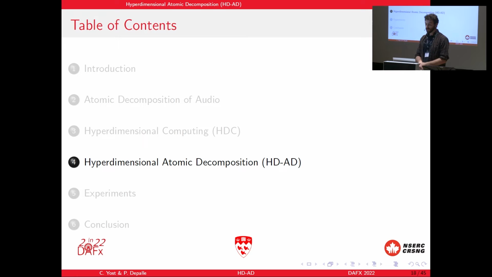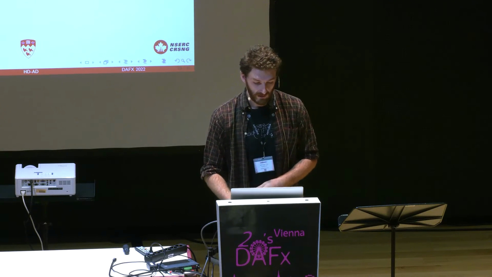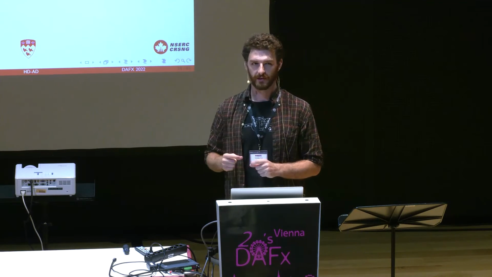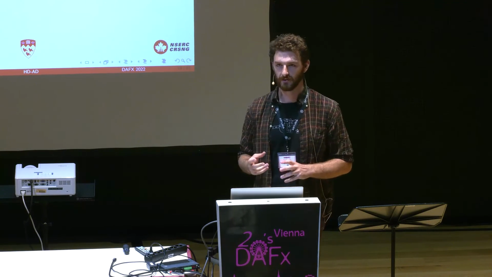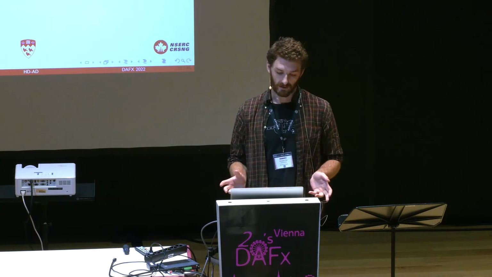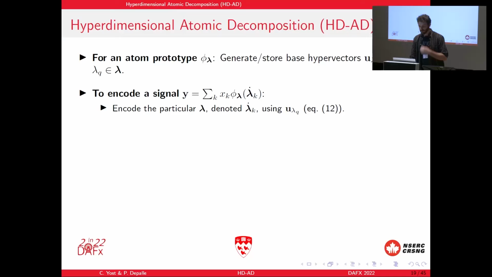So that's some HDC, and now to bring those together for hyperdimensional atomic decomposition, we start with an atom prototype, and then for each of the parameters in the prototype, we generate a base hypervector with which to encode the values. Given some signal y, which has this atomic decomposition, for each particular parameter, we encode it using the corresponding base hypervector using the fractional power encoding.